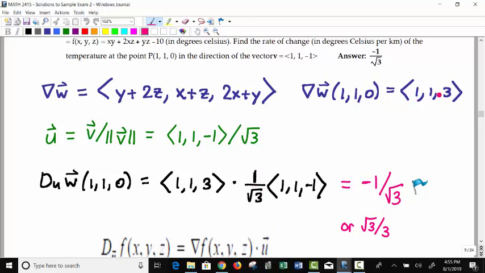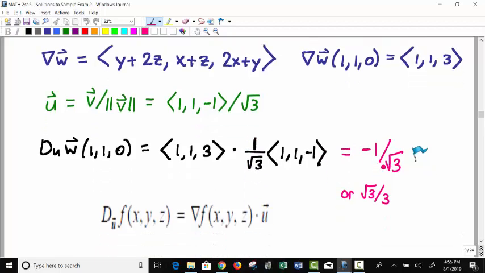So it'll be this gradient we got up here, dotted with this. If you leave the 1 over root 3 alone, you can just dot the integers. So it'll be 1 times 1, 1 times 1, that makes 2. 3 times negative 1 is negative 3. 2 plus negative 3 is negative 1. Then we can multiply it by that constant, and it'll be negative 1 over root 3, which is perfectly fine.